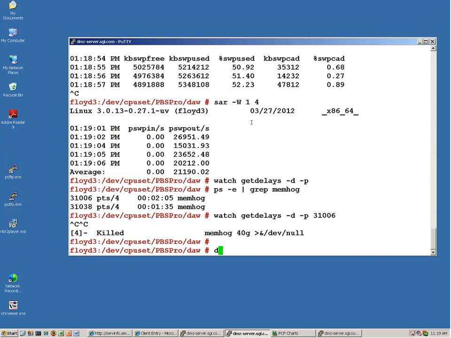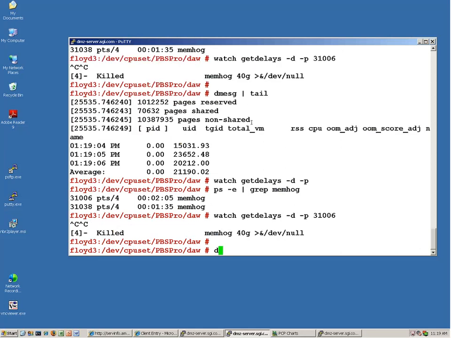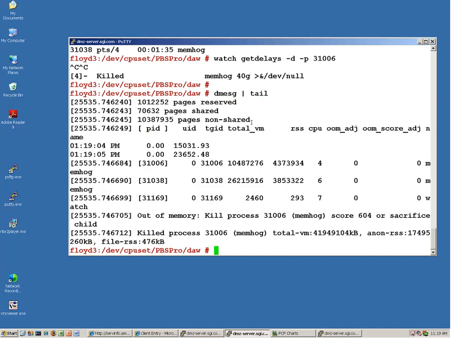Now, if this were outside a CPU set, there would be much more severe impact with the out-of-memory killer. And another memhog that got killed. By the way, I think I mentioned it yesterday, if I put a -17 into it, it will not be a target for the OOM killer. So ps -e, let's grep for array.